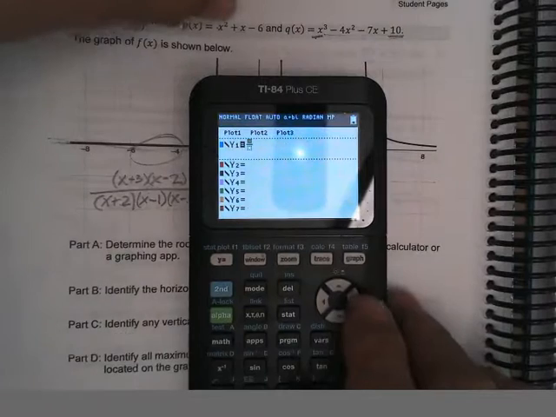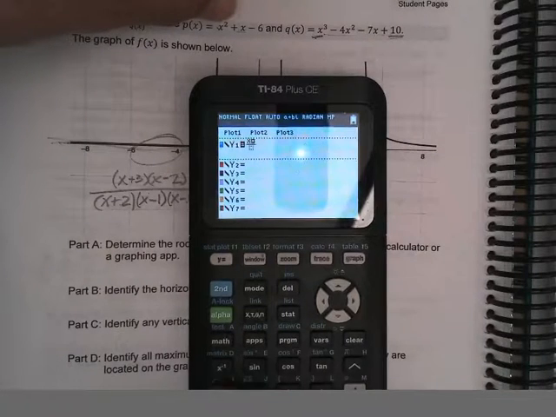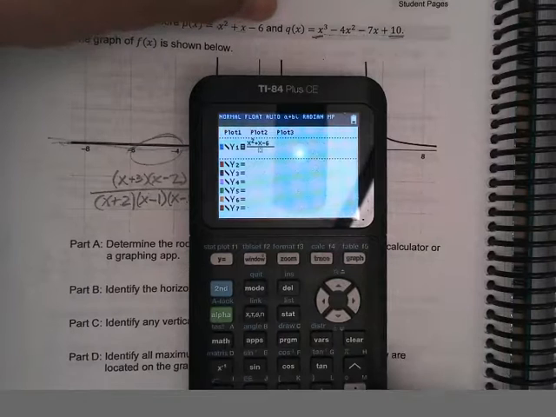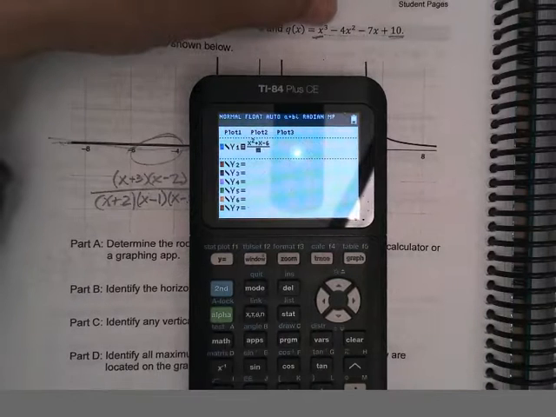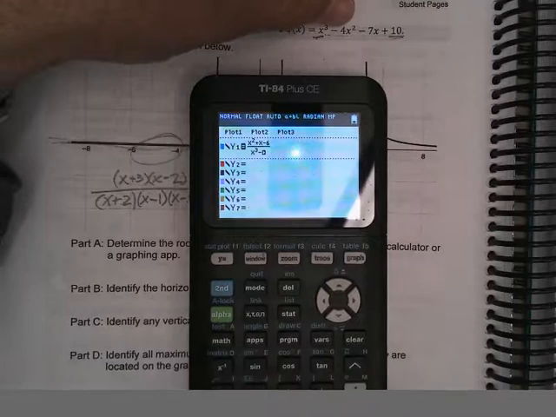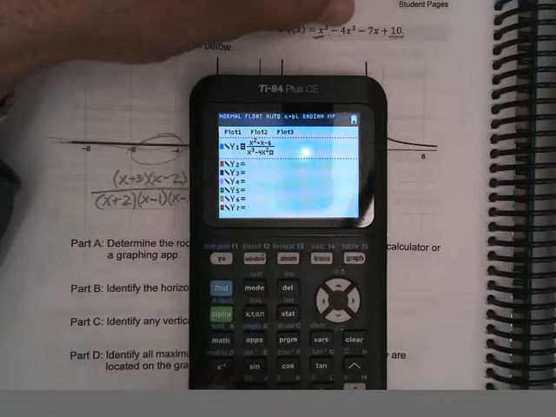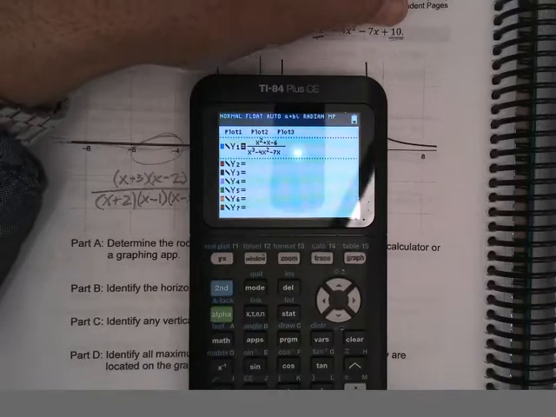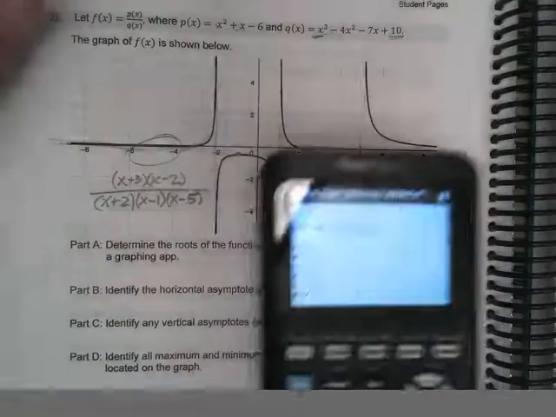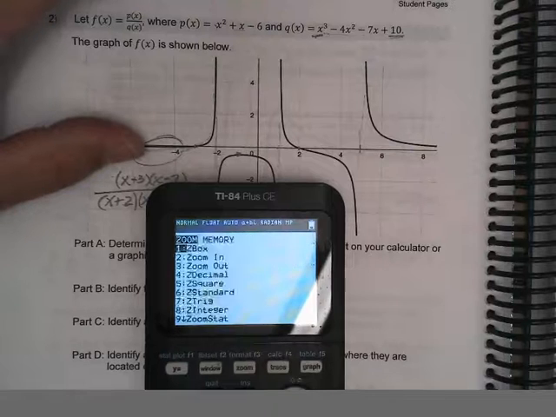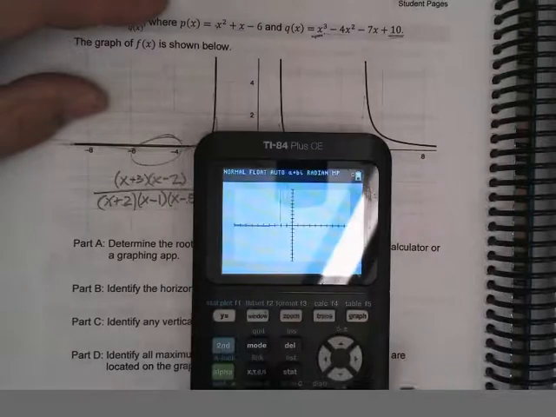In the numerator, I'm going to put x squared plus x minus 6. In the denominator, x to the third minus 4x squared minus 7x plus 10. And so there we have it. And zoom 6, we have the graph.